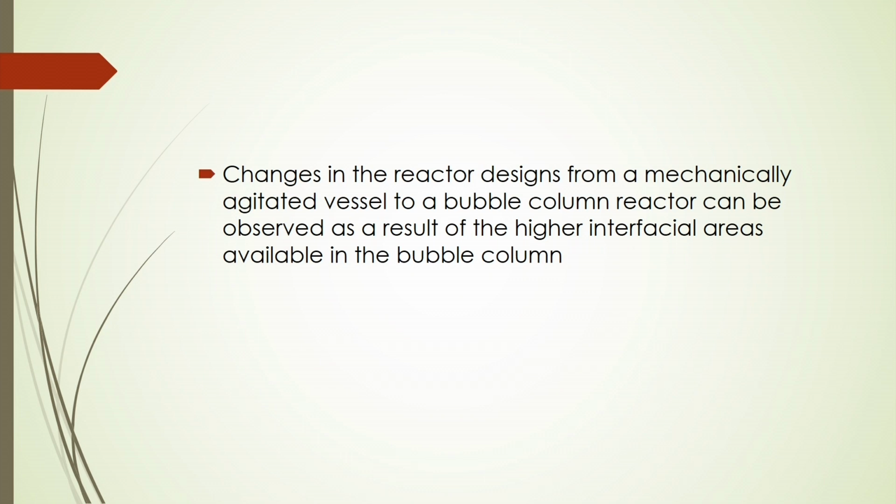If you change the reactor design from a mechanically agitated vessel to, suppose, a bubble column reactor, where gas is distributed from the bottom of the column through the distributor as a dispersed phase of bubbles in a continuous or stagnant pool of liquid, it can be observed that, as a result of the higher interfacial area available in the bubble column, you can apply this high interfacial area for increased efficiency of mass transfer and consequently the chemical engineering process performance.